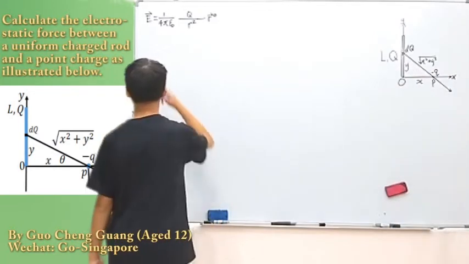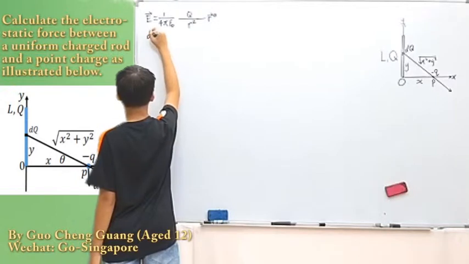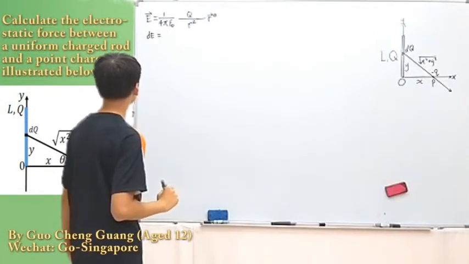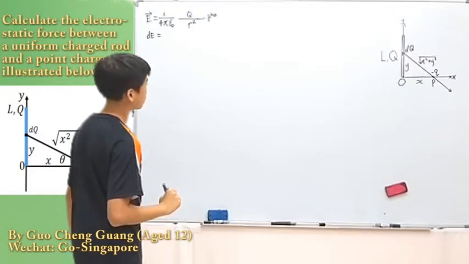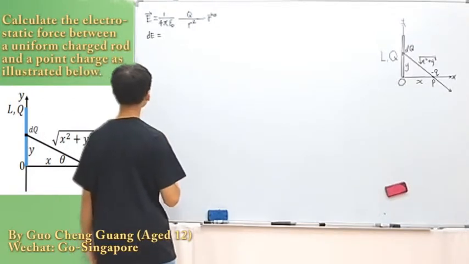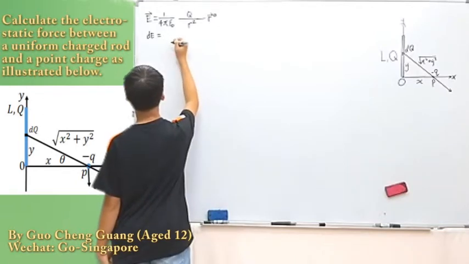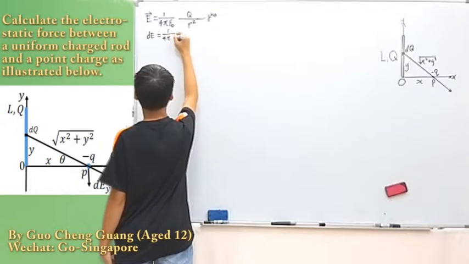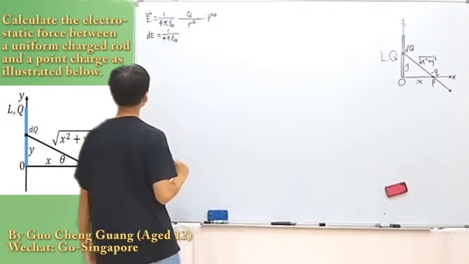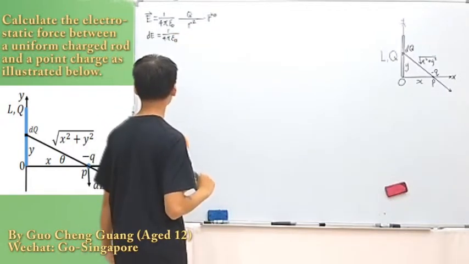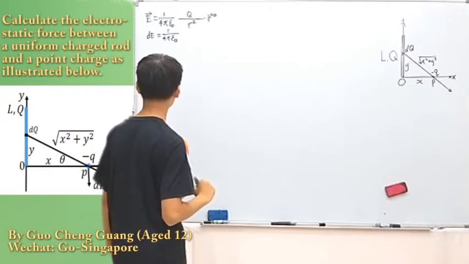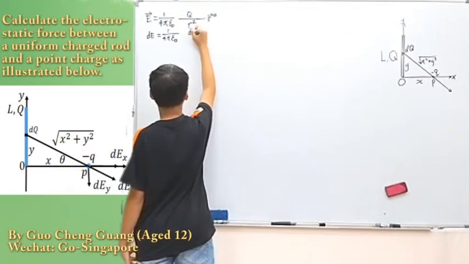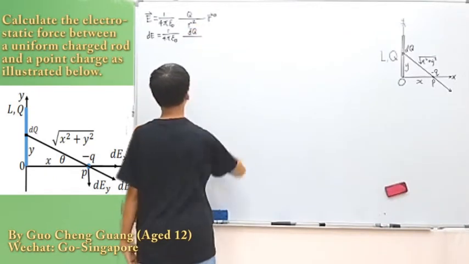Then after that, we're going to use dE. So for dE in this part, in the first part it is still 1 over 4 pi epsilon naught. Therefore your charge is still dQ.